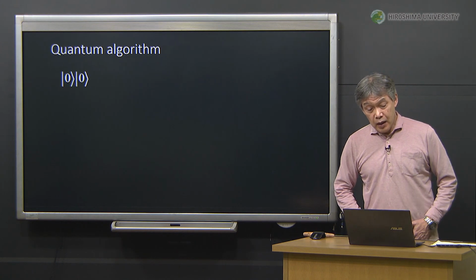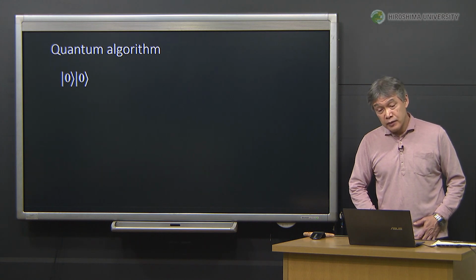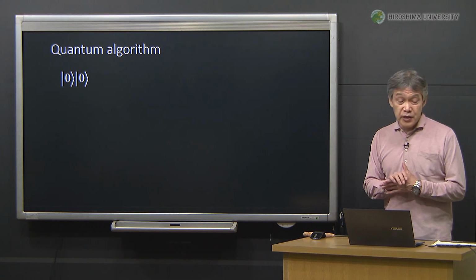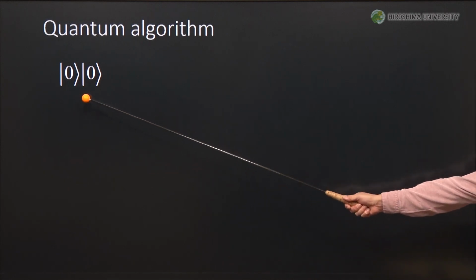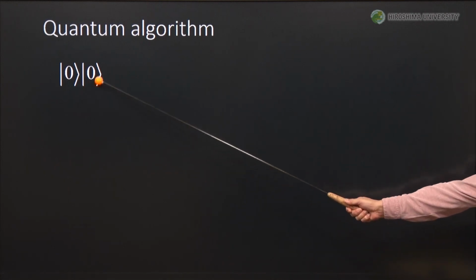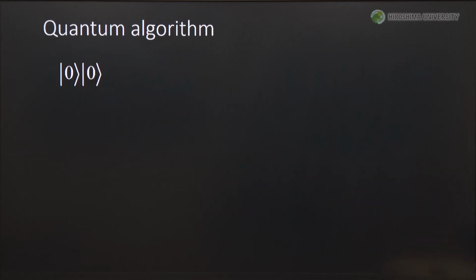Then, what is a quantum algorithm? Again, this is not trivial. This is just an example. Let's say we prepare 2 bits, that is 0 and 0. Then apply one operation.